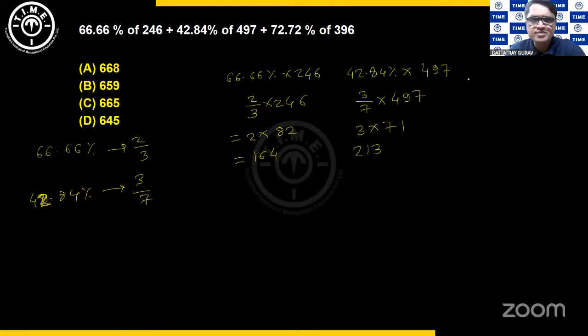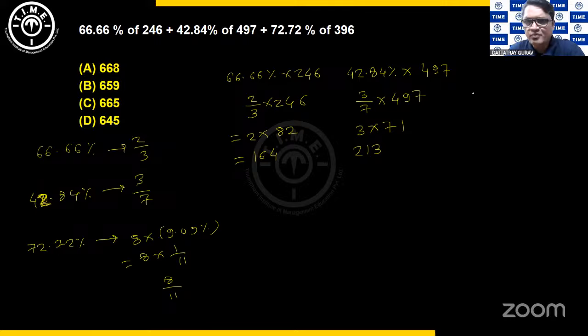Last number, if you look at 72.72%. This I can write as 8 into 9.09%, which is nothing but 8 into 1 by 11. It will be 8 by 11.